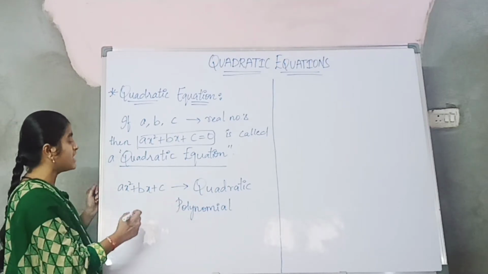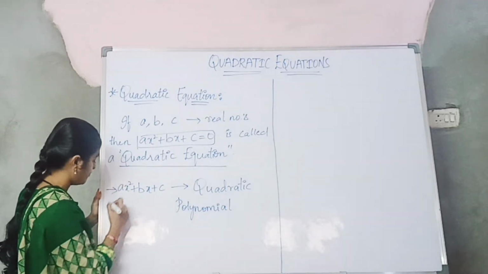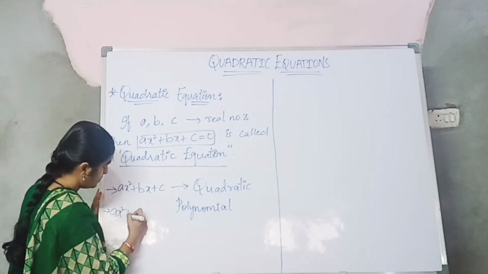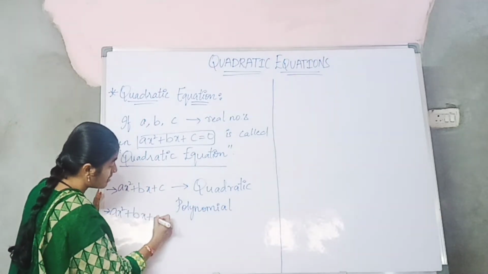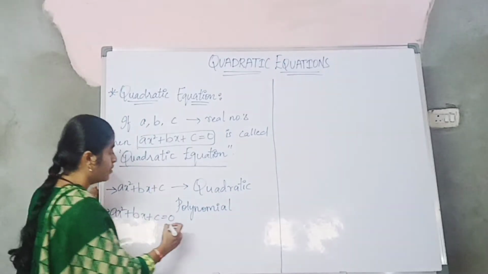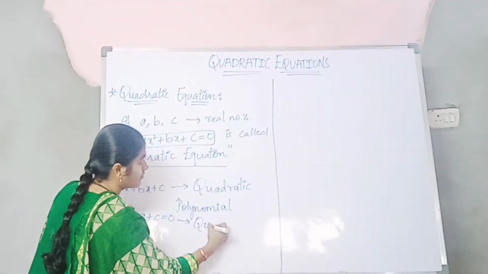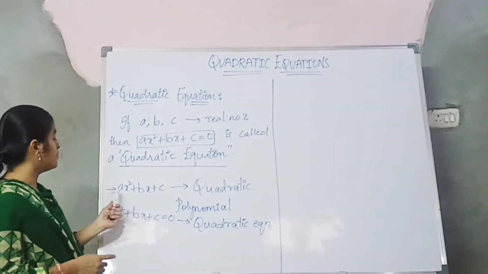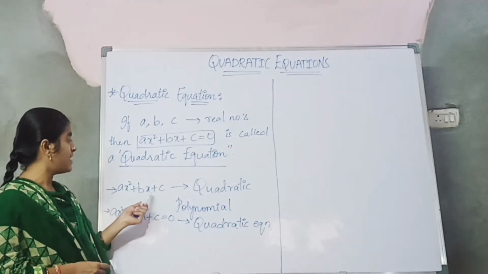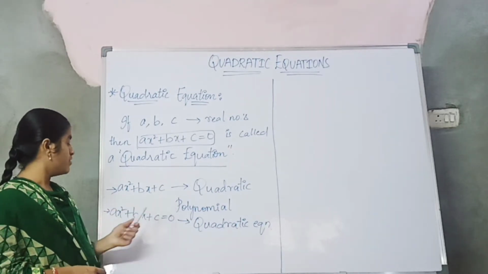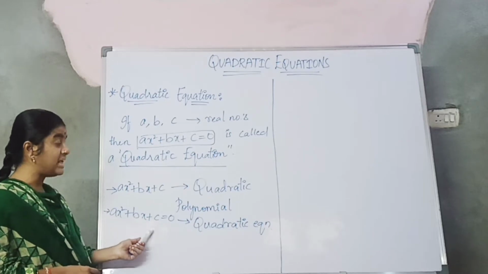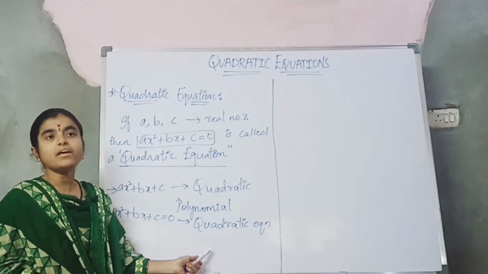Then what is quadratic equation? Ax square plus bx plus c equals to 0 is a quadratic equation. So ax square plus bx plus c is a quadratic polynomial, and ax square plus bx plus c equals to 0 is a quadratic equation.